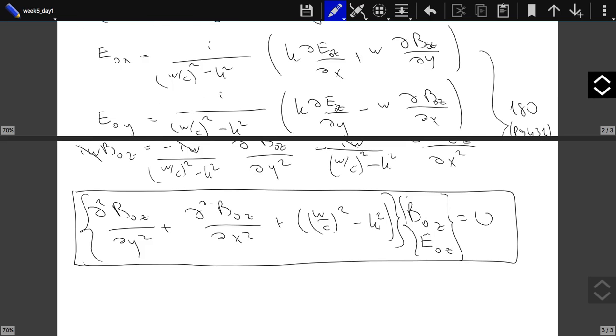Because basically, once I determine E0z and B0z solving this differential equation, well, I know E0x, I know E0y, I know B0x, B0y in terms of them. I don't need to solve solutions for another equation for E0x or E0y. Once I find E0z and B0z, I'm done.